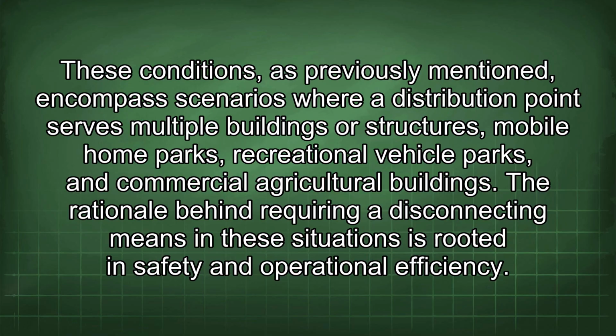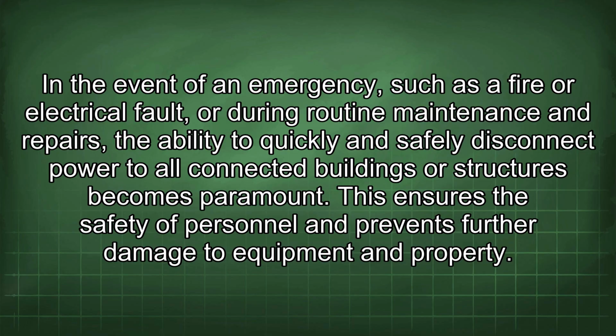The rationale behind requiring a disconnecting means in these situations is rooted in safety and operational efficiency. In the event of an emergency, such as a fire or electrical fault, or during routine maintenance and repairs, the ability to quickly and safely disconnect power to all connected buildings or structures becomes paramount. This ensures the safety of personnel and prevents further damage to equipment and property.